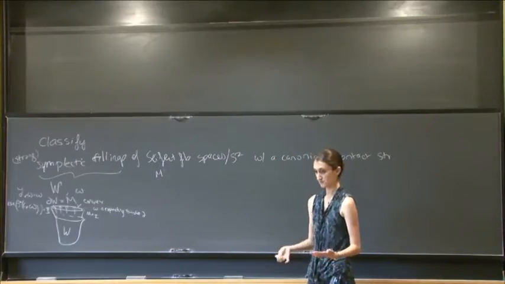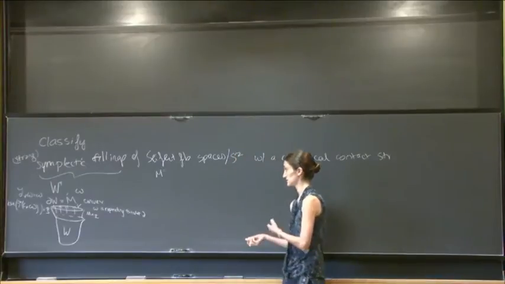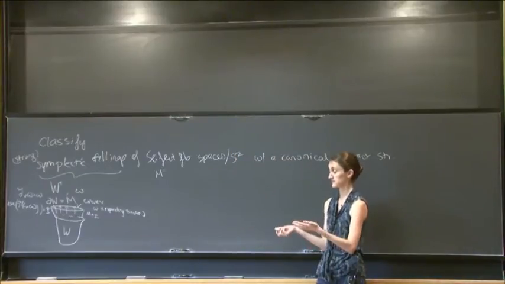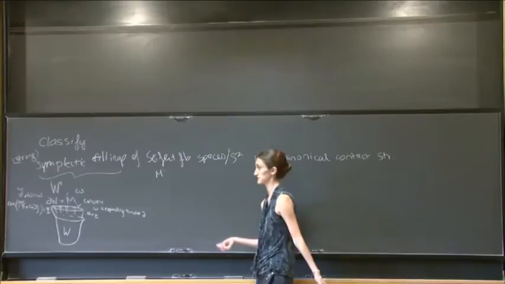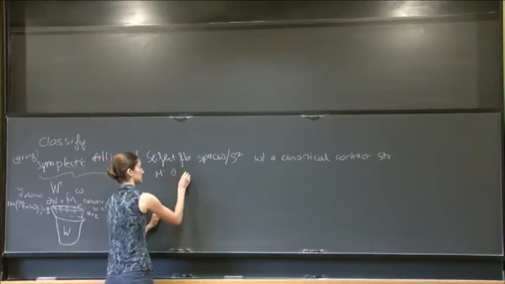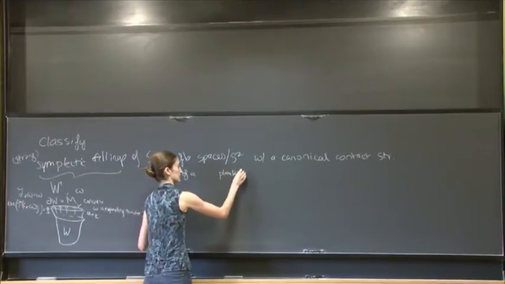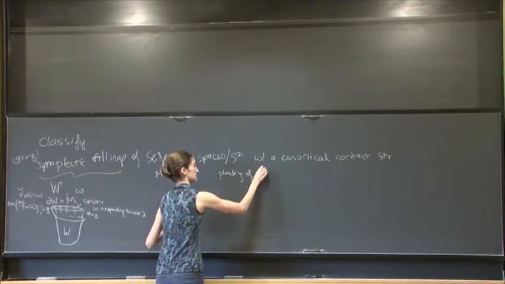So as a 4-manifold topologist, I'm going to think about these Seifert fibered spaces, which are 3-manifolds, as coming from the boundary of a particularly nice 4-manifold. So it will be the boundary of a plumbing of disk bundles over spheres.